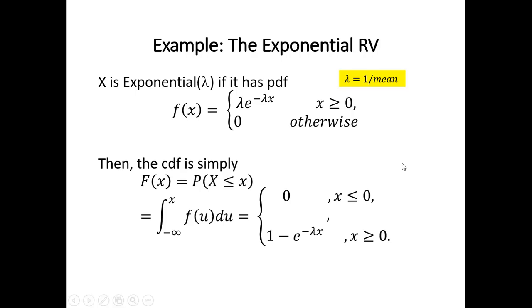Okay, let's take a look at the exponential random variable. In our textbook, they like to present things in the most general form, so they don't really get into the named continuous distributions until later on, in chapter 31 or so.